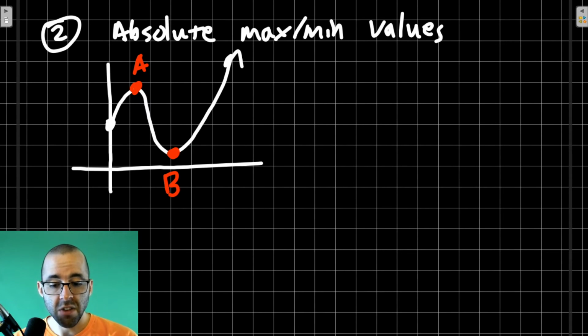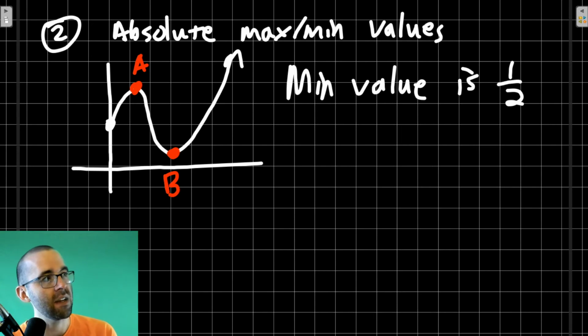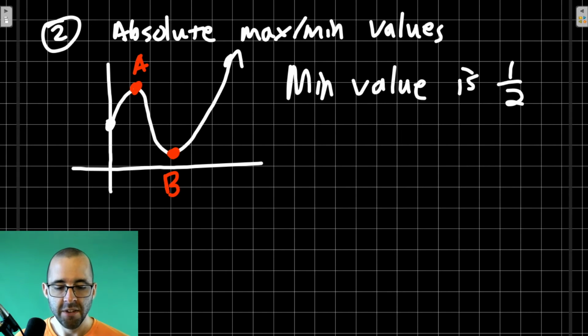But B is also an absolute minimum, so there's an absolute minimum here. Let's say the absolute minimum value is maybe 1/2 or something like that, and it occurs when X is equal to 3. There's also a local or relative minimum or maximum up here.